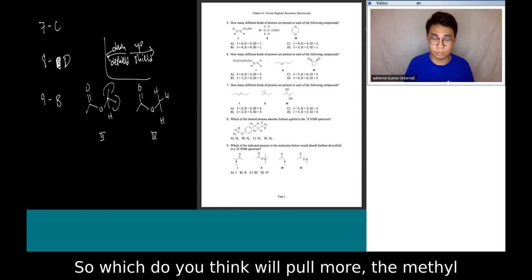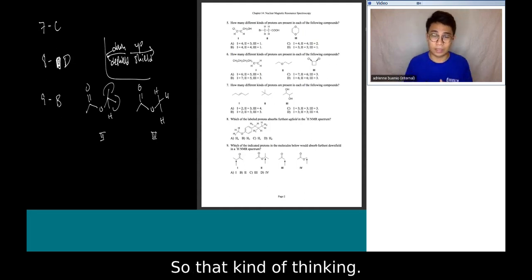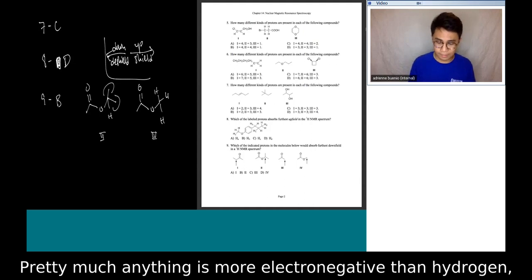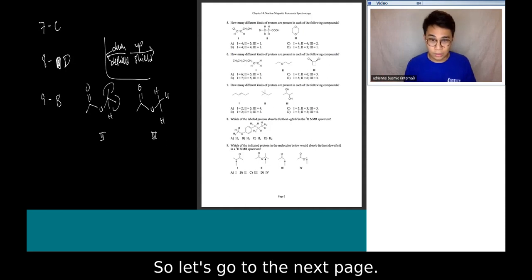So which do you think will pull more, the methyl groups or the hydrogens? Methyl groups, right? So that kind of thinking, pretty much anything's more electronegative than hydrogen, right? So that's that. Okay, so let's go to the next page.